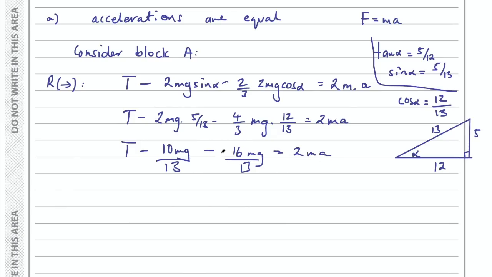And then I have negative 10 take 16. That's negative 26 mg/13. This would simplify to negative 2. So all of this simplifies down to negative 2mg, and this is all equal to 2ma. Okay, so I have a fairly simplified equation from considering block A.